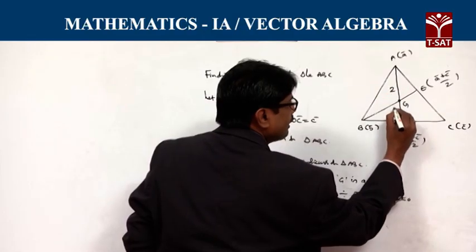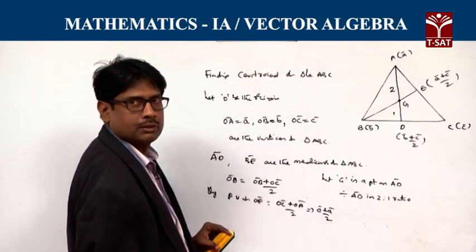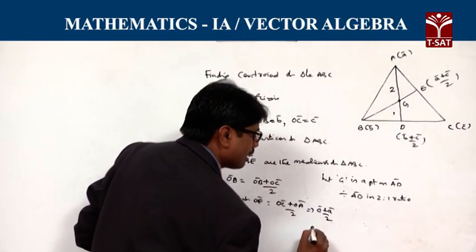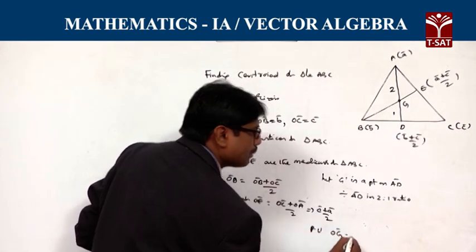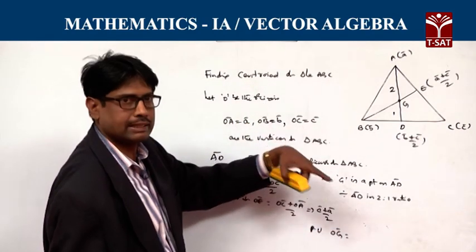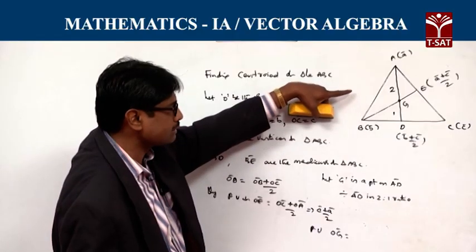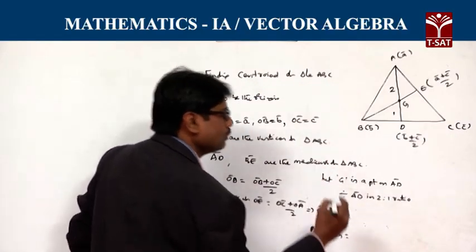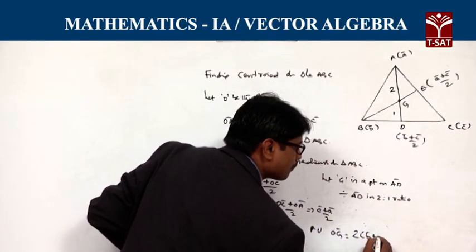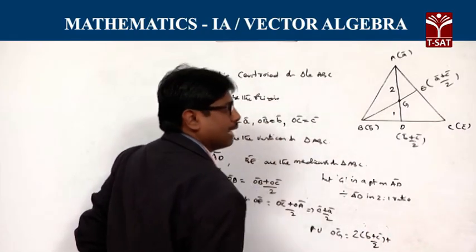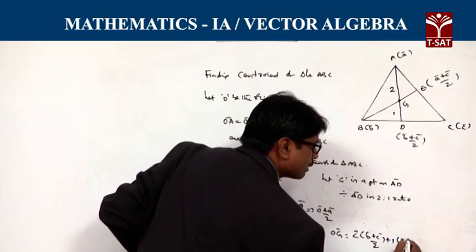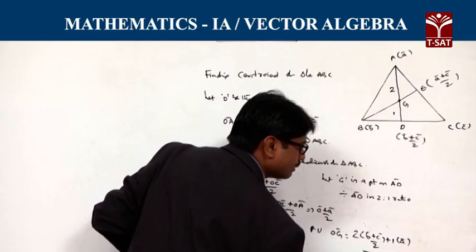It is nearer to A, 2:1. So, according to the position vector, OG bar, using the section formula we derived just now, is equal to 2 times B bar plus C bar by 2 plus 1 times A bar, divided by 2 plus 1.